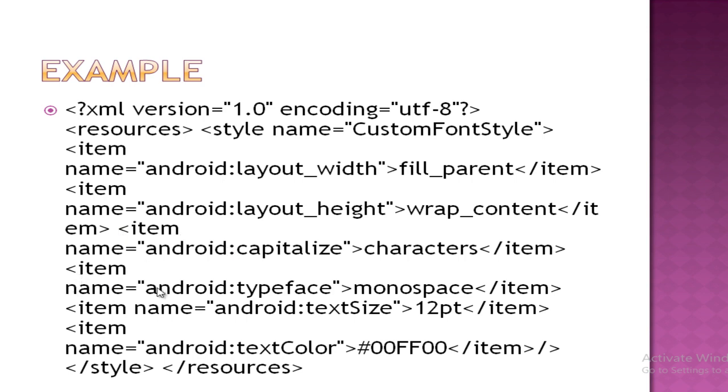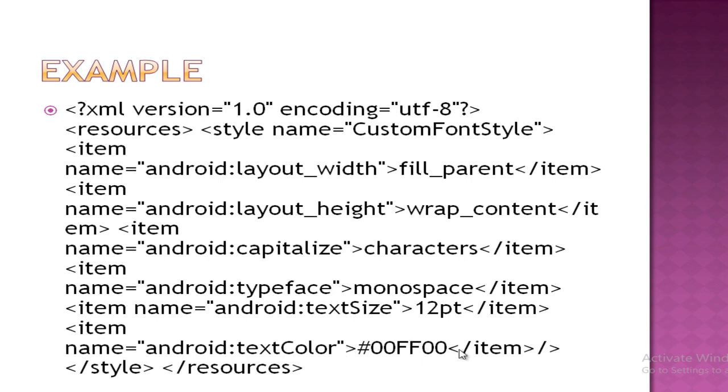Item name equals android:typeface, which type of font, monospace. Then item name equals android:textSize, that is 12 points, and the color of that particular font, android:textColor, hash code. This color code will be different depending on the color, which we have already seen in chapter 1.